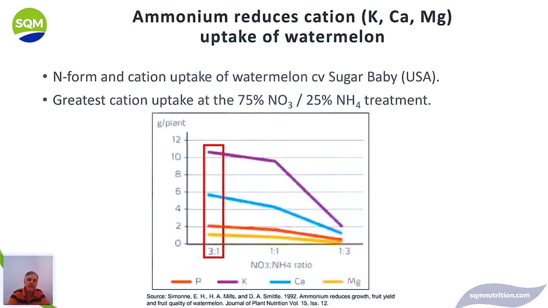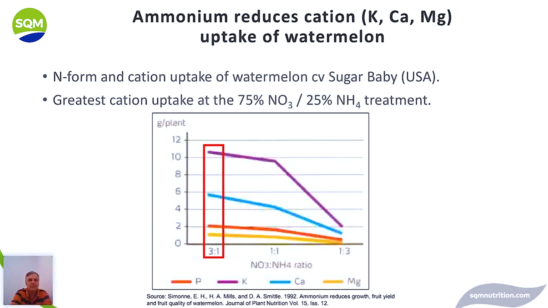And this is the effect in plants, about this concept that I showed to you. This is the practical effect. This is a graphic that shows watermelon, but it's a physiological concept that works for all crops. If you look at this graphic, at the bottom, you have the nitrate and ammonium ratio.